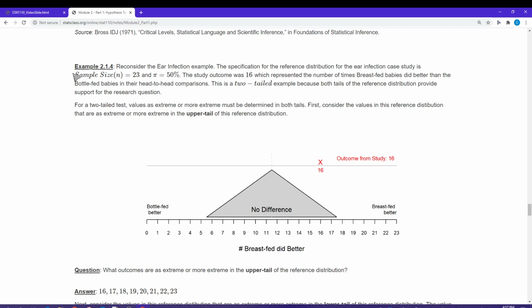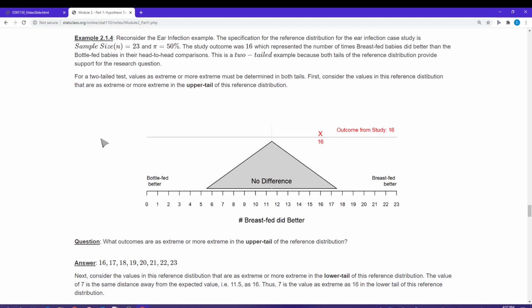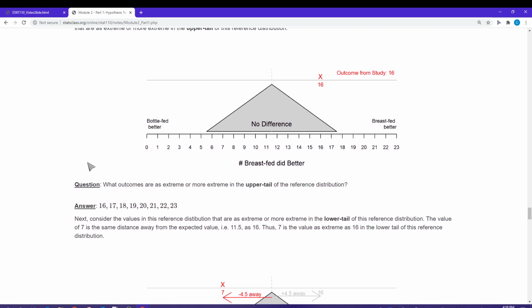Example 2.1.4 here, real quickly, is just a two-sided example. So this is the ear infection example, and when we're doing the p-value, we need both sides. We did kind of go through that in one of our examples in Module 1, but I'll just be more careful here.